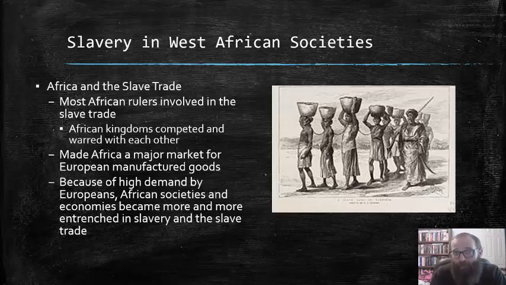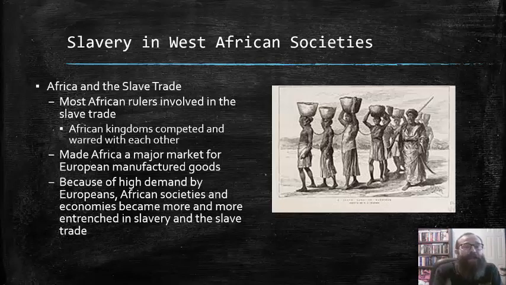Most African rulers and societies were involved in the slave trade to one degree or another, and African kingdoms competed and warred with each other over access and control of this very lucrative trade. This trade made Africa a major market for European manufactured goods, particularly guns, which the West African kingdoms then, of course, used to war with one another to gain more slaves to trade for more European goods.